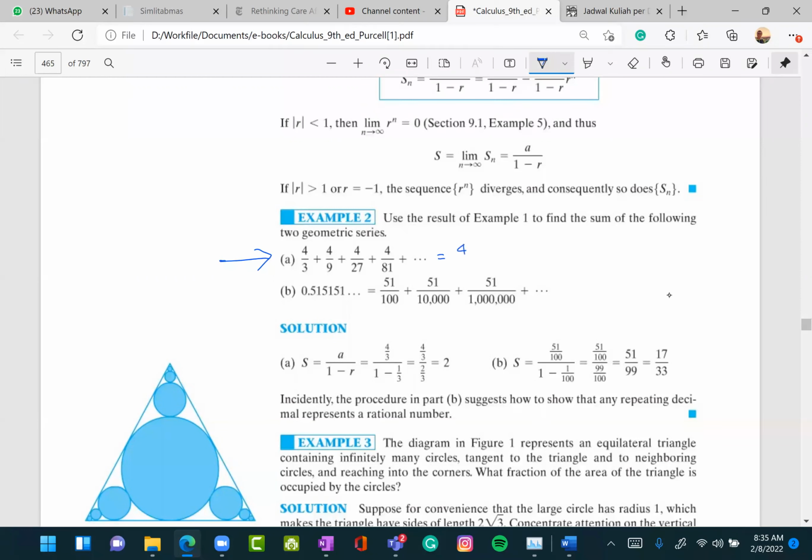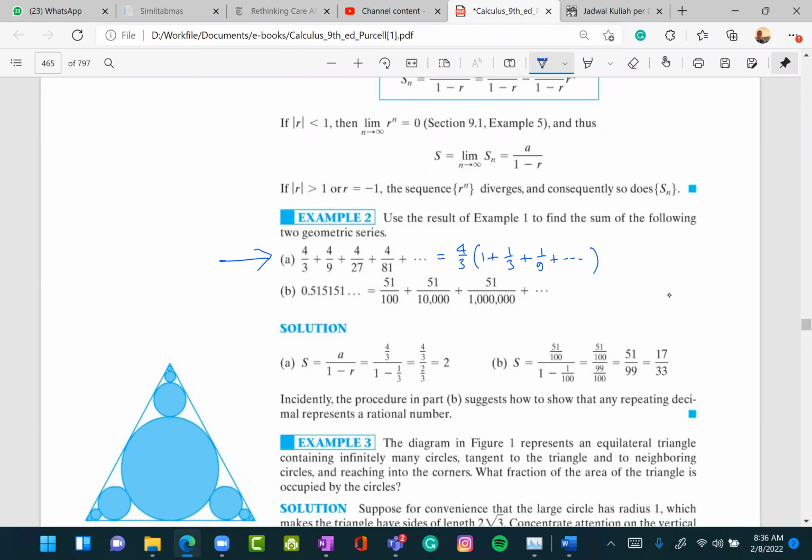You can take 4/3 out, and you get 1. How do you get 4/9? So this is 1/3 times, and then 1/9.